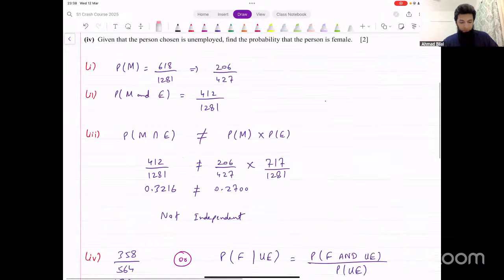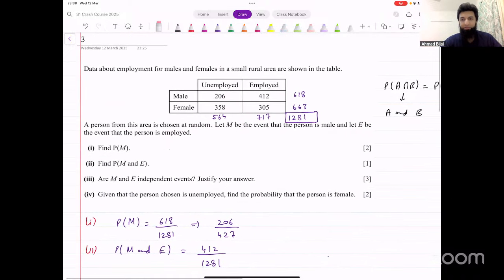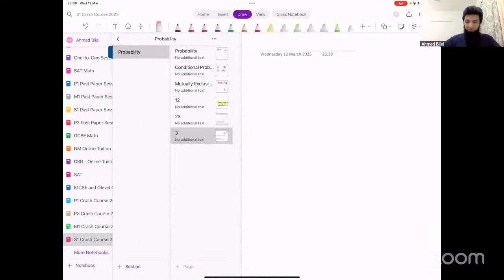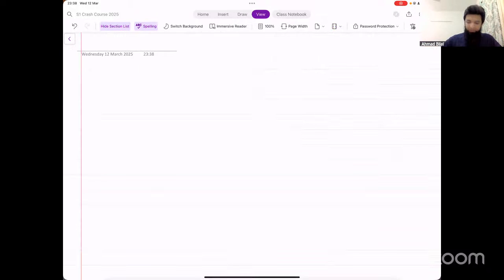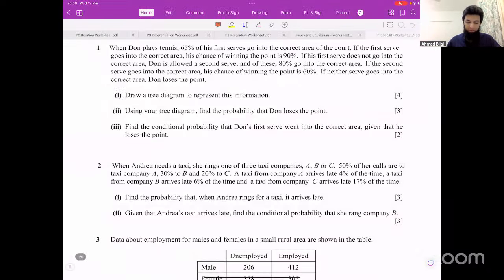Oh, so that was question number 3 from the worksheet. Let's move on to the next one. Next, we want to do question 14. Question number 14.